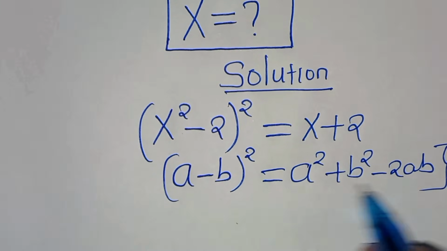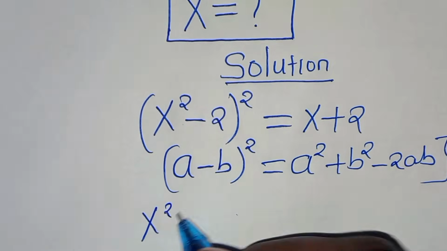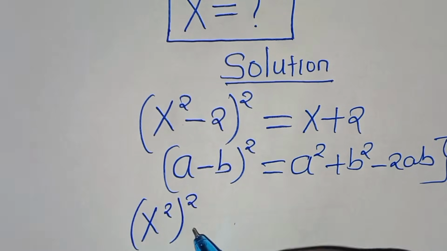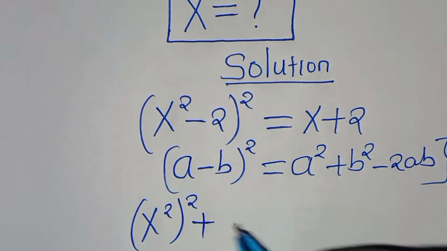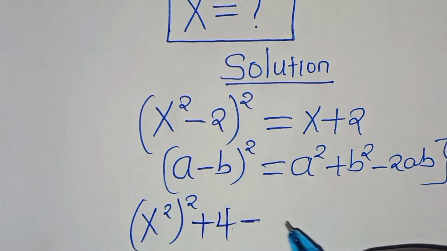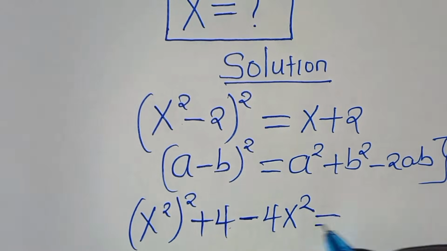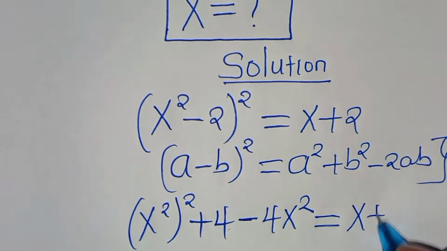Now applying this algebraic identity, we have (x²)² + 4 − 4x² = x + 2.